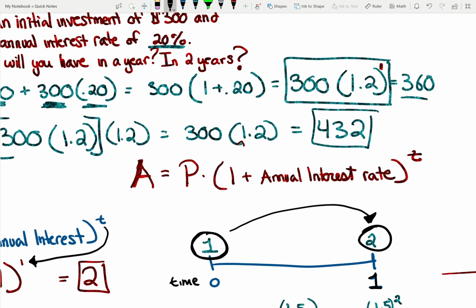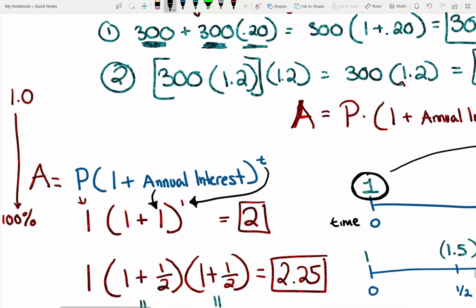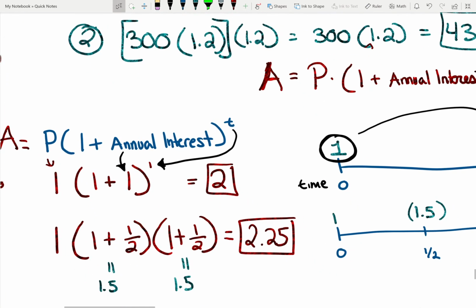What if I take half the interest rate, so 50%, and I split it into 2 different pay periods? So meaning this. What if I, instead of taking 100%, I take only 50%, but I take it at 2 different instances?